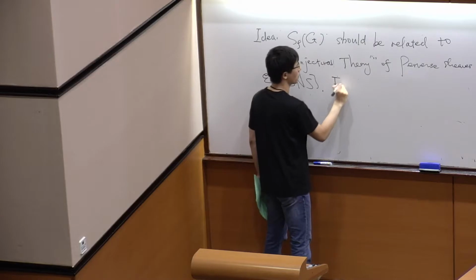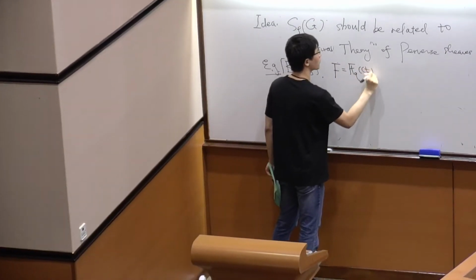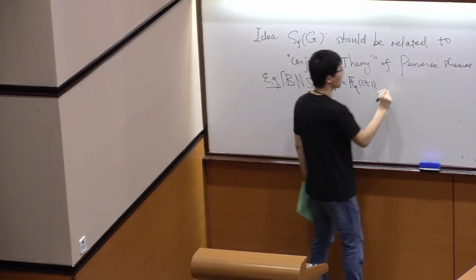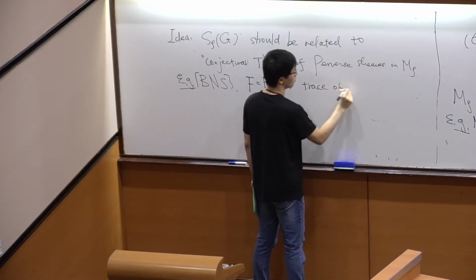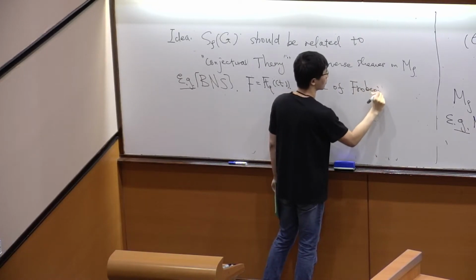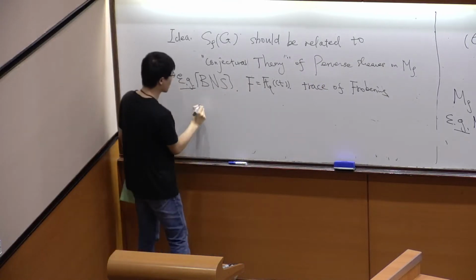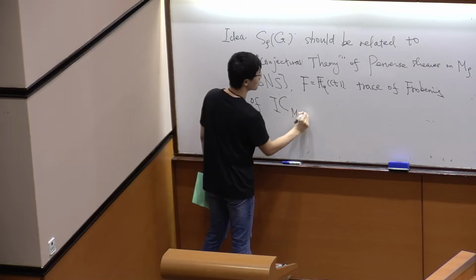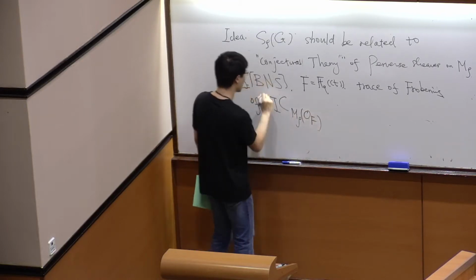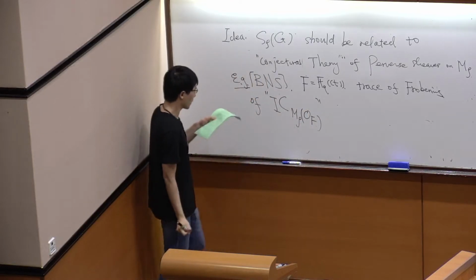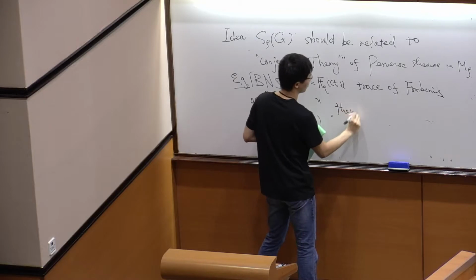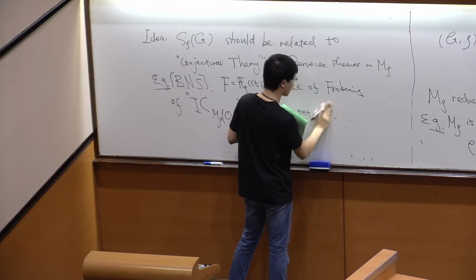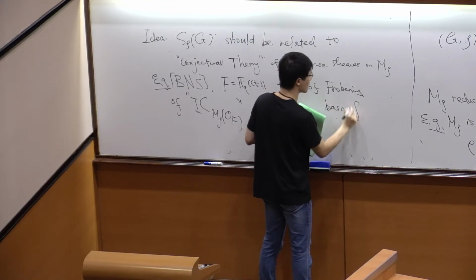In the case when F is a local function field, the authors showed that if we take the trace of Frobenius of the conjectural intersection complex, which we call IC of M rho, this is conjectural, I think it's not defined yet, then you get the basic function. It's also introduced in Lei's talk.